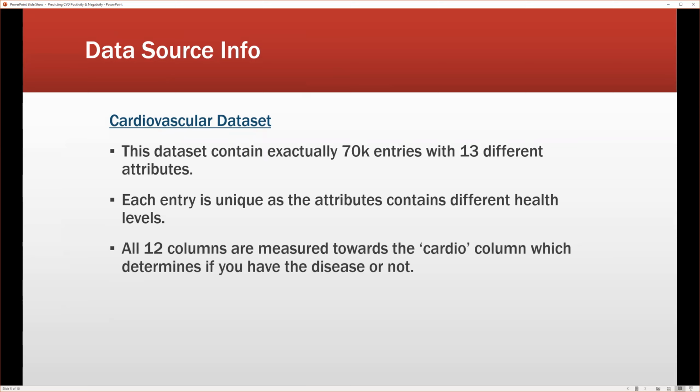And like I said, all 12 columns are measured towards the cardio column, which then determines if you do have the disease or not. Now, there are some columns that do show lower levels of health metrics from a person that doesn't have cardiovascular disease versus someone that does. So it varies on the person.